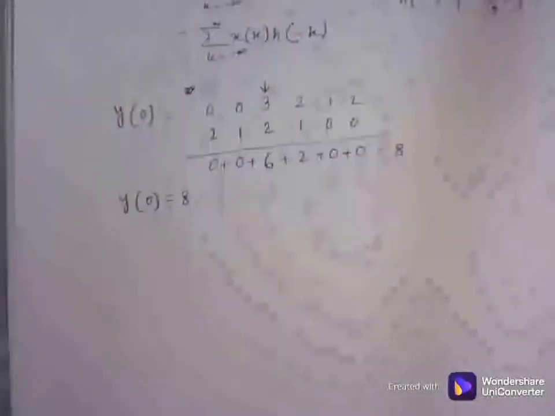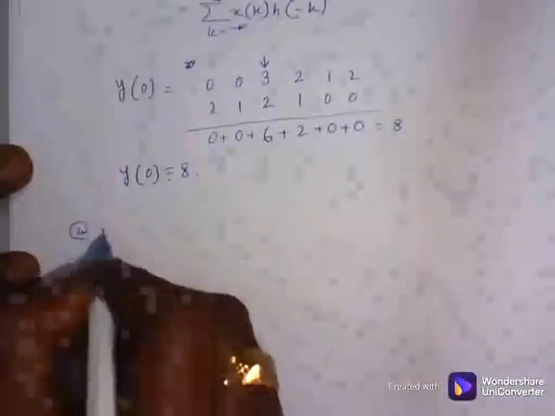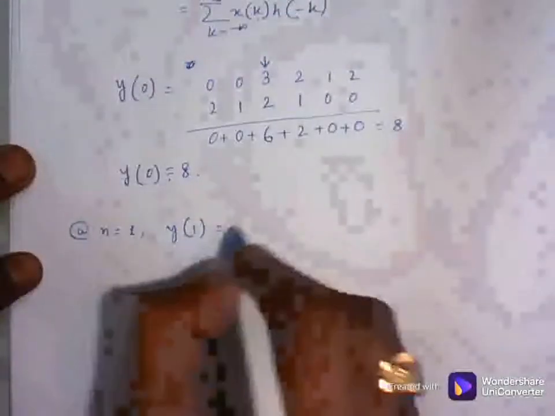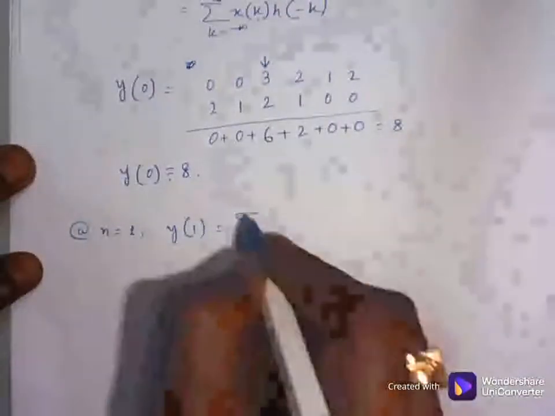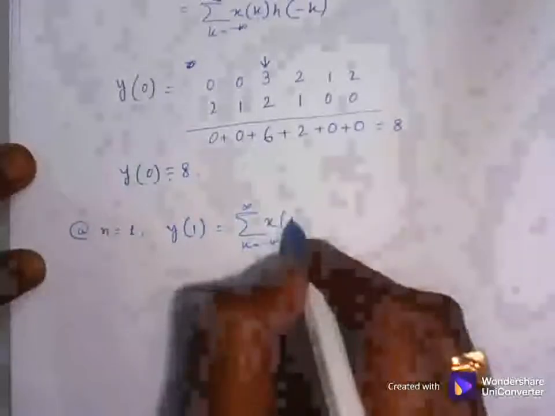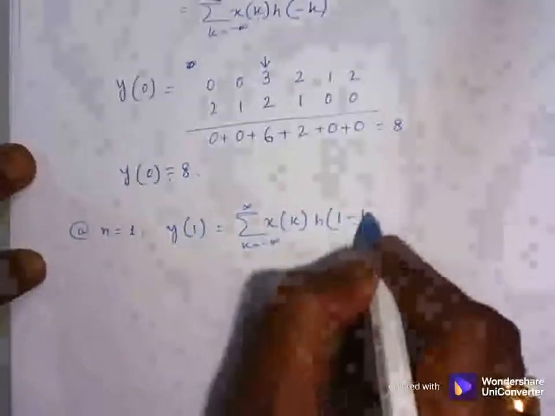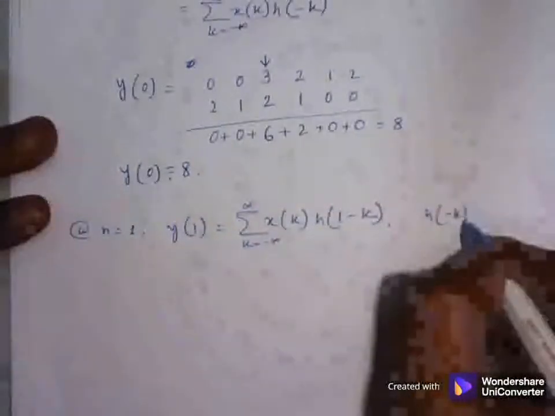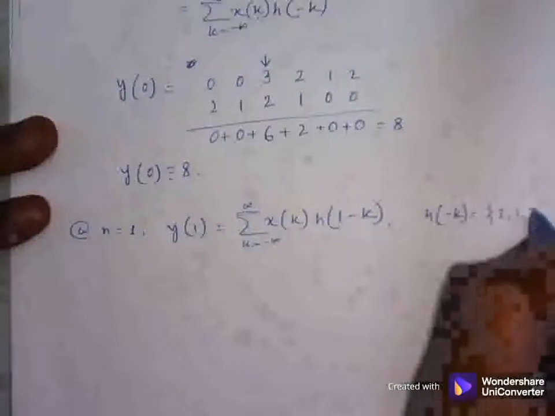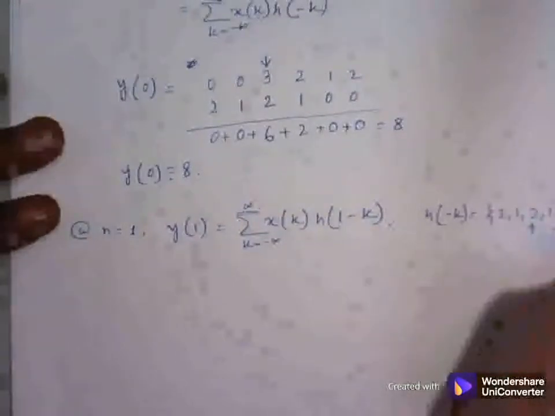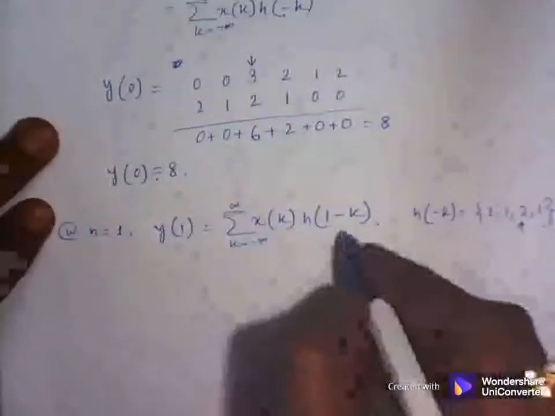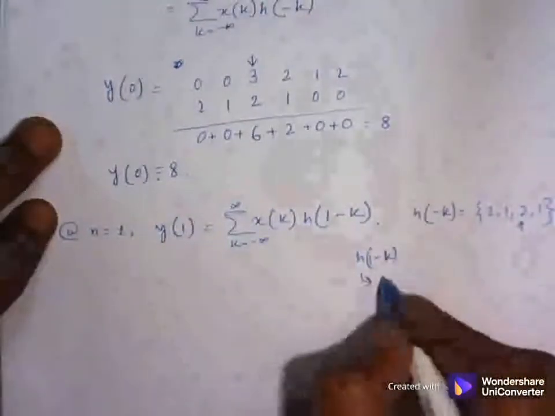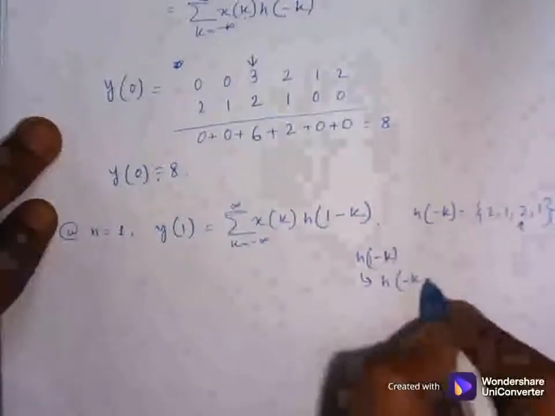Okay. Next is at n equal to 1. So y of 1 equal to the sum over k from minus infinity to plus infinity of x of k h of 1 minus k. Now h of k is h of minus k, which I have already represented. Now h of 1 minus k can be written as h of minus k plus 1.